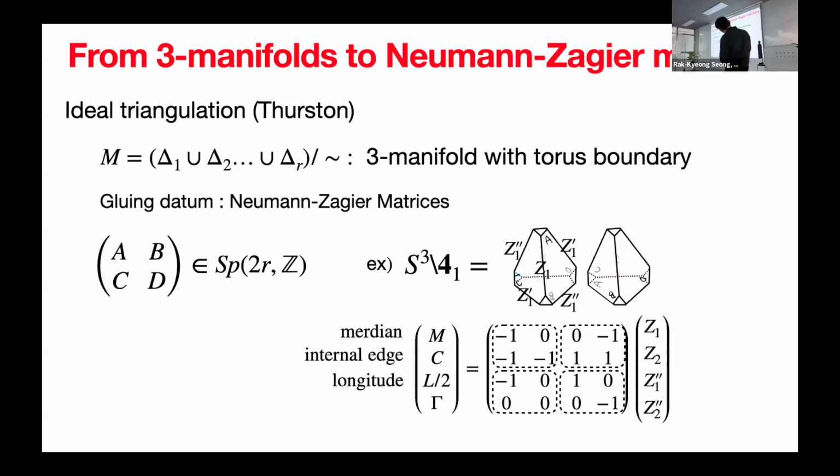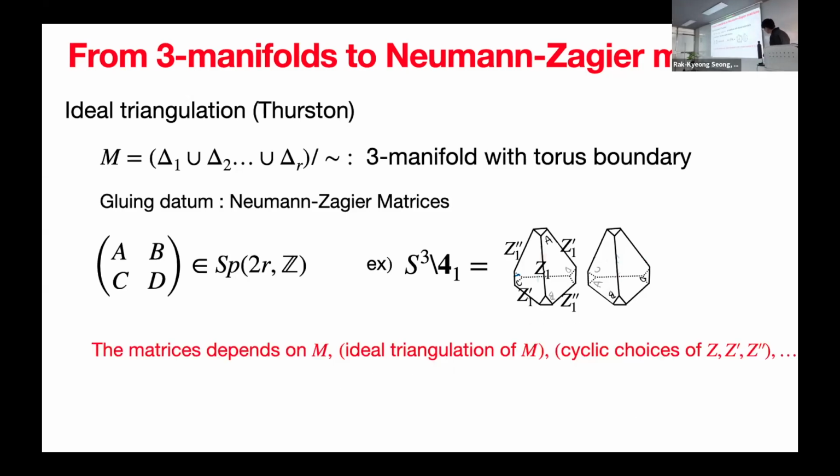I'm skipping every detail, but we can obtain these Sp(2r,Z) matrices in a combinatorial way. So this information contains the gluing data of the ideal tetrahedra.